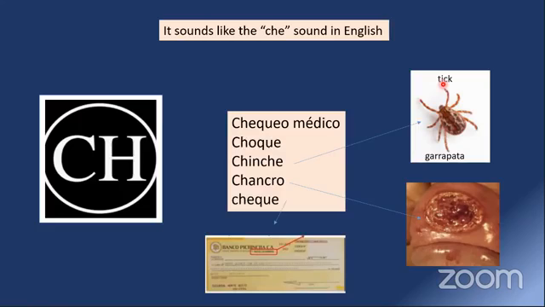I was bitten by a garrapata. It's a tick. Chancro is the ulcer usually in the genital area, very common in syphilis and other STDs. Cheque is the check, the ones that you use from the bank to pay things. I don't think people are using that much anymore.